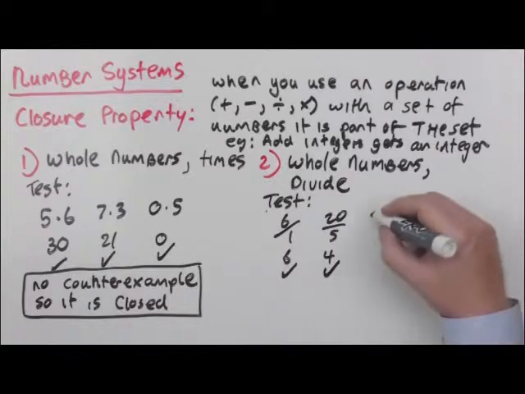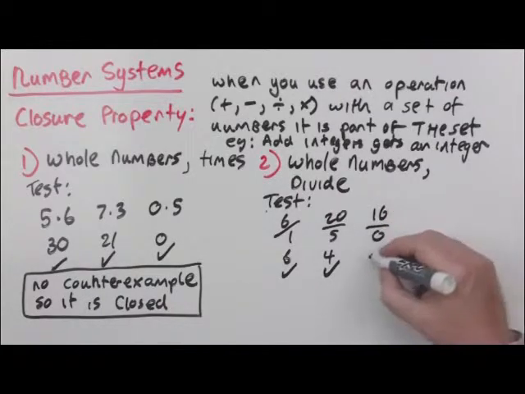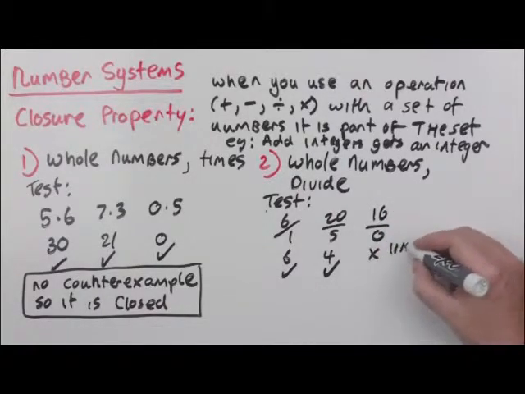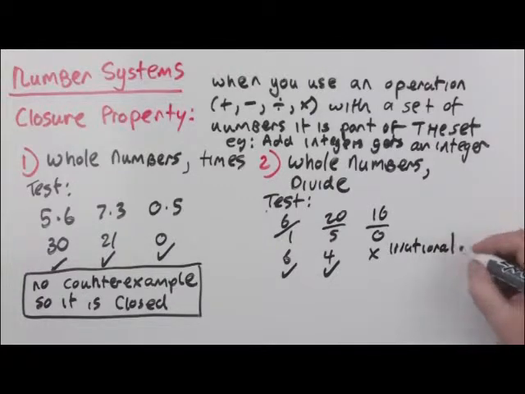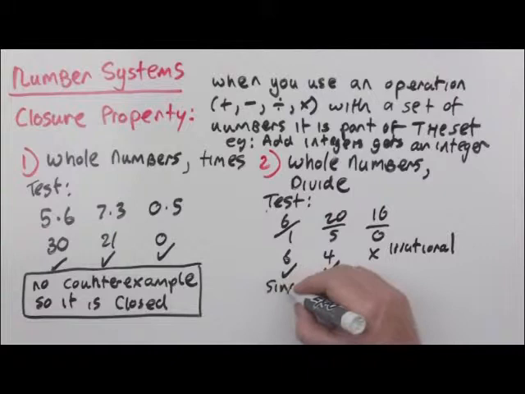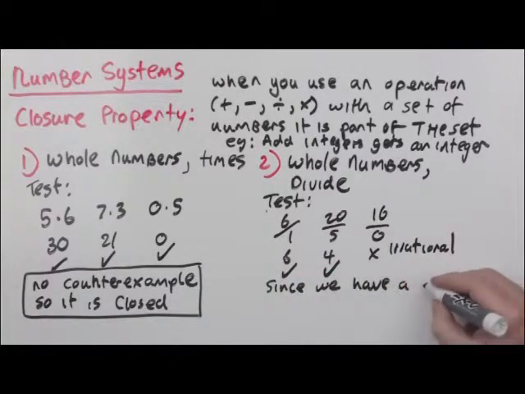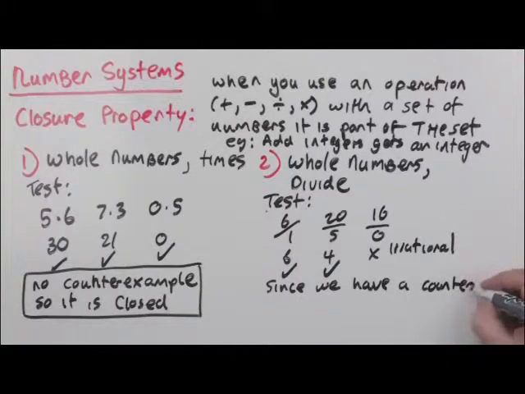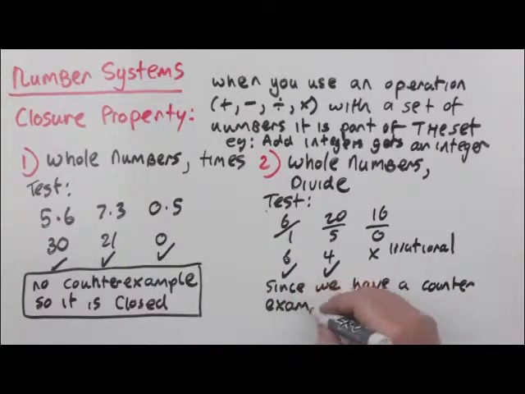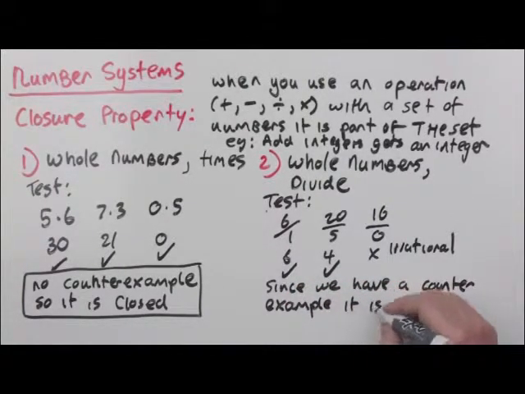Let's try 16 divided by 0. Oh, that's an irrational number. Since that's an irrational number, that is a counterexample. So since we have a counterexample, this is not a closed set for whole numbers and division. Great.